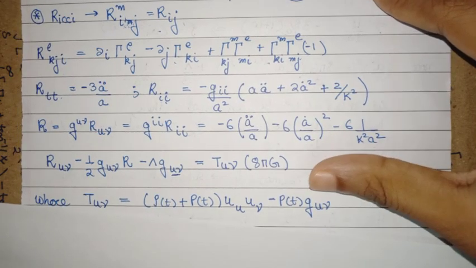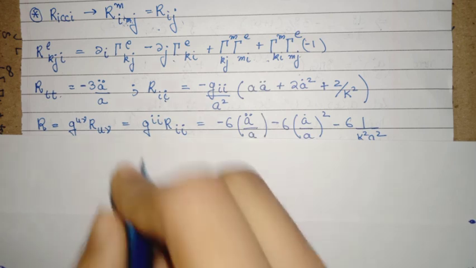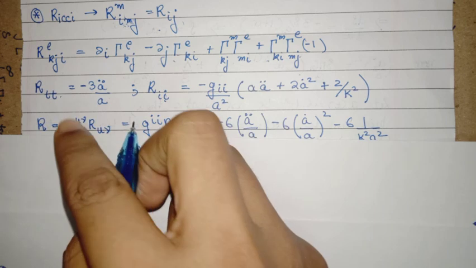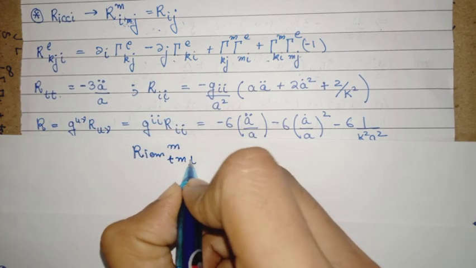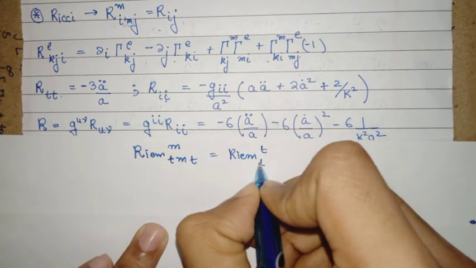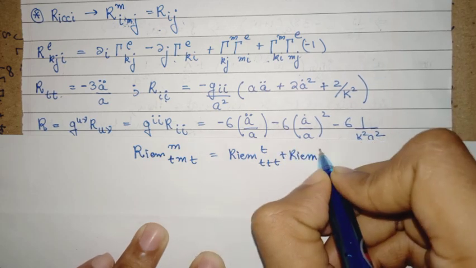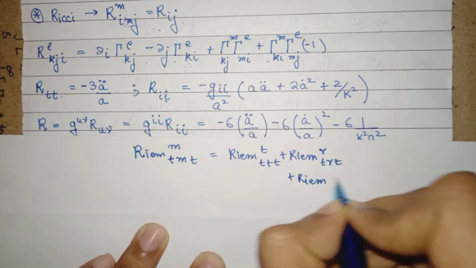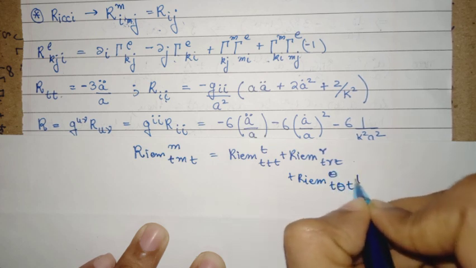So this is the form of the Ricci tensor, like R_TT. R_TT is just Riemann, so there is T, so I need Riemann with indices M, T, M, T. So it's like Riemann TTTT plus Riemann RTRT plus Riemann theta T theta T plus, like that.